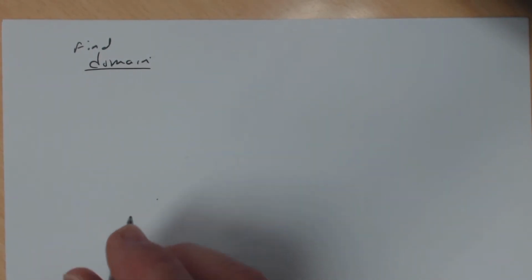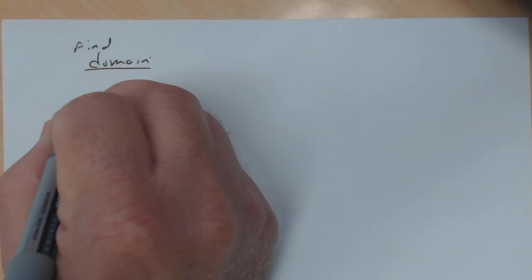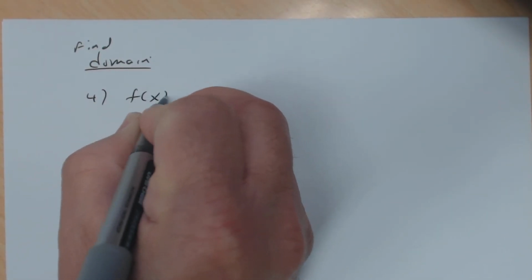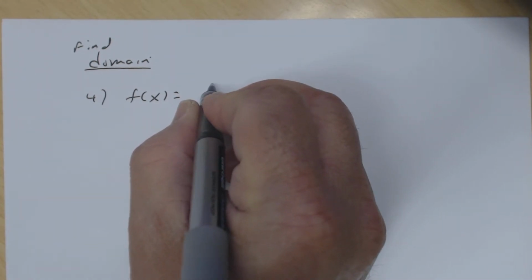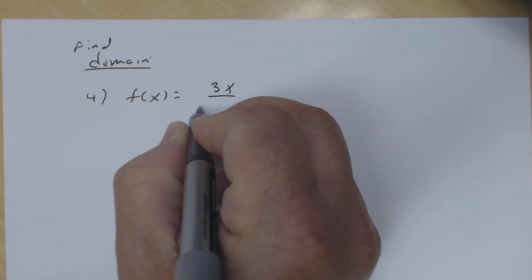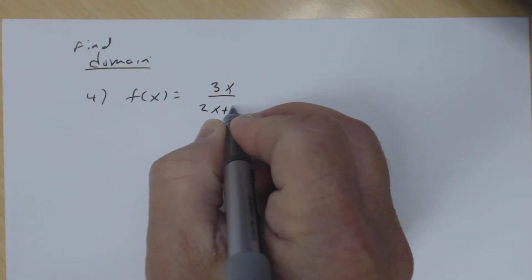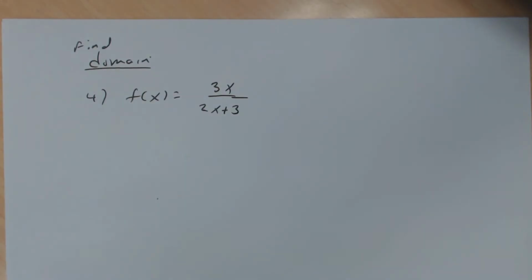Suppose we want to find the domain of, this is going to be number 4, f of x equals 3x divided by 2x plus 3.